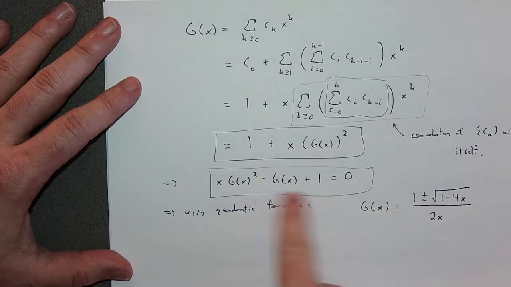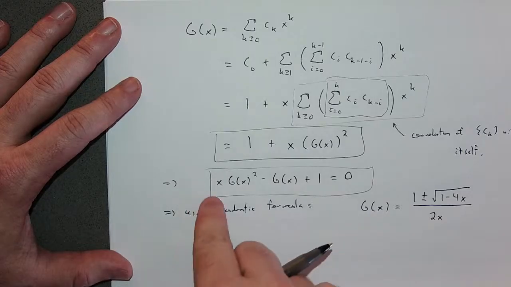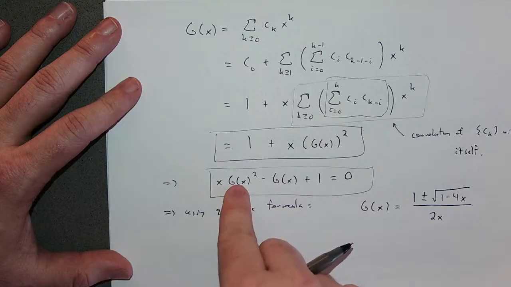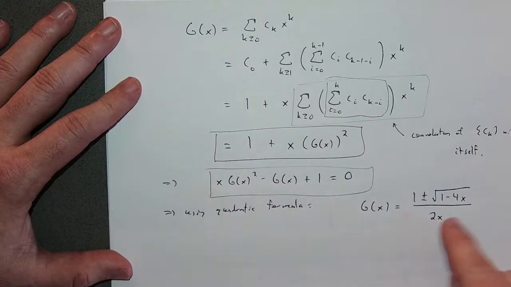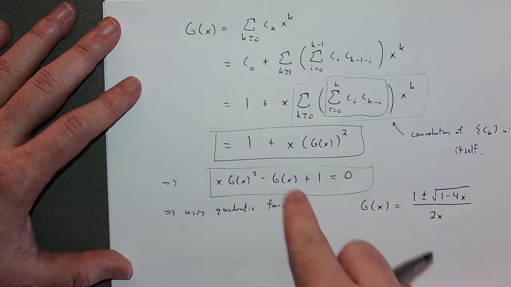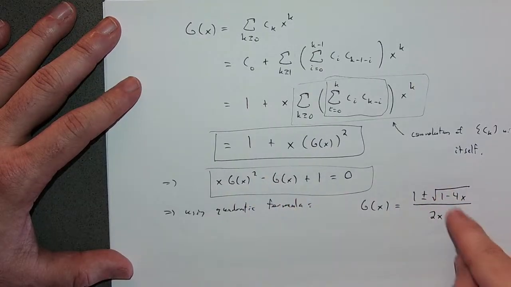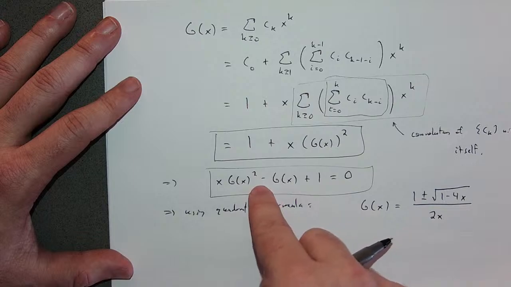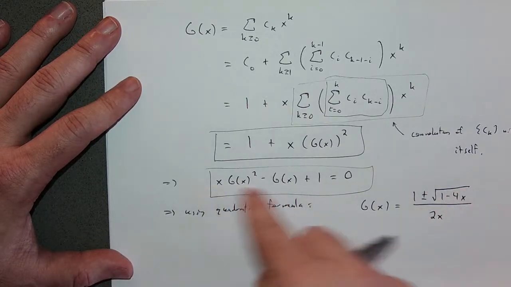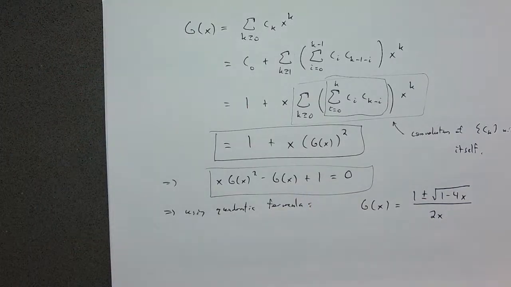So check that we did the quadratic formula correctly. 2a, that's 2 times the coefficient on the g squared term, so that's 2x, yep. We have minus b, it's minus minus 1, plus or minus the square root of b squared, 1 squared, minus 4ac, ac is x times 1. Yeah, that's it.